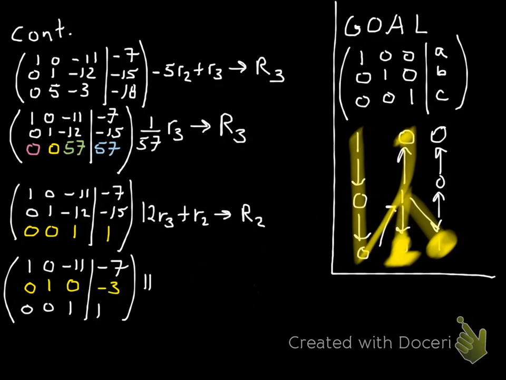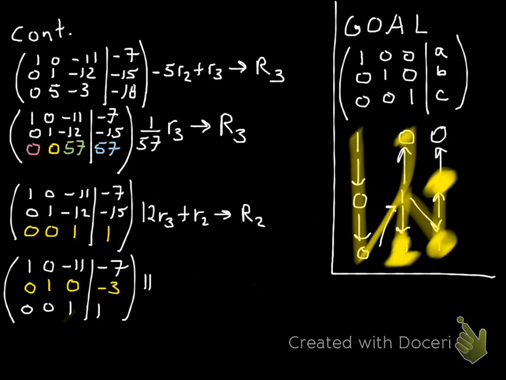When I multiply 1 by 12 and add it to the -12, it's going to make it a 0. And then 1 times 12 is 12, added to 15 will be -3. Okay. That gets us all the way to here.